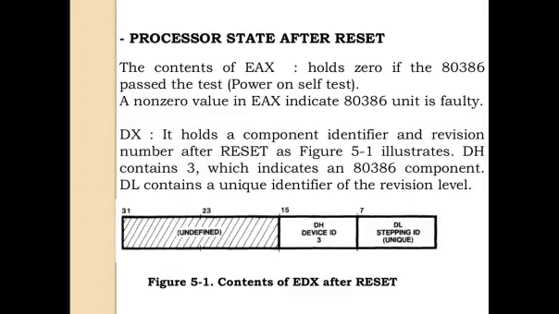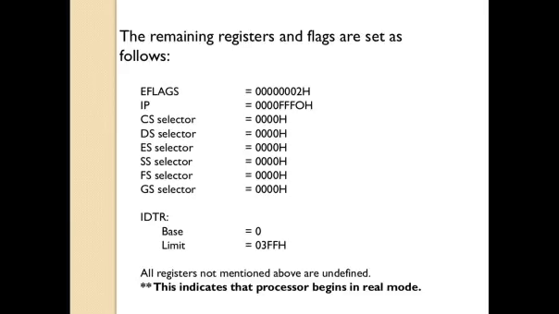The first one, EDX, its upper 16 bits are undefined. DL contains the revision level unique identifier, whereas DH, the upper byte, contains the device ID. Remaining registers have predefined values, whereas all segment selectors are 0, IDT register, its base is 0, limit is 03FF, EFLAGS 2H, and IP is FFF0H.